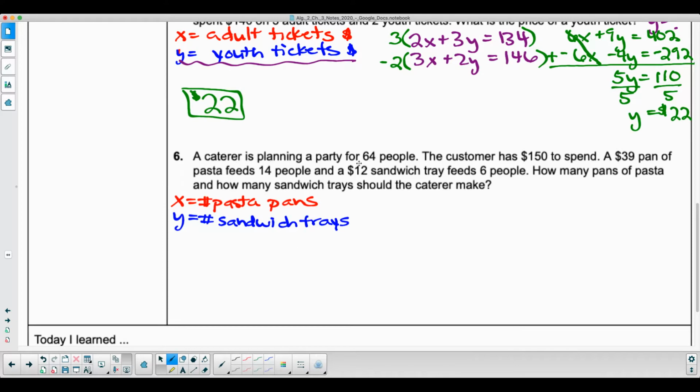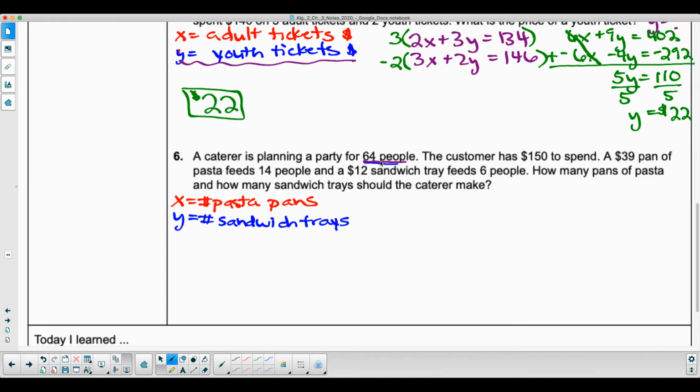All right, so we're planning a party for 64 people. There's a lot of information all at once, so let's just do the number of people first. Let's write that equation first.